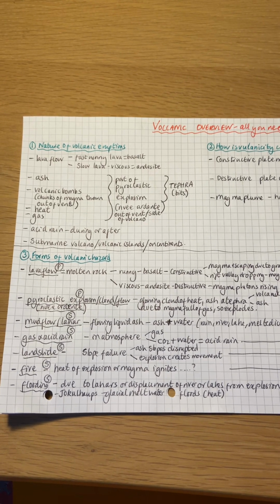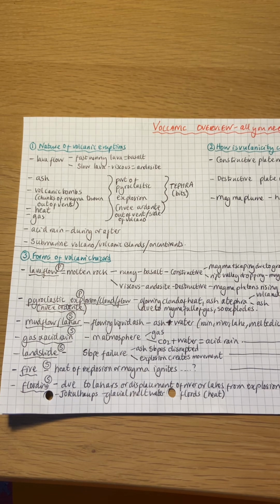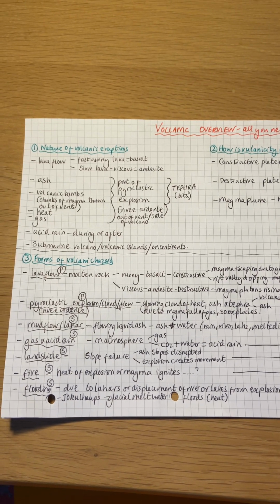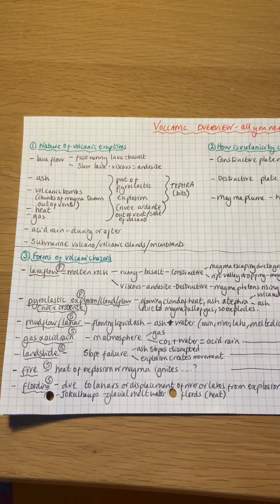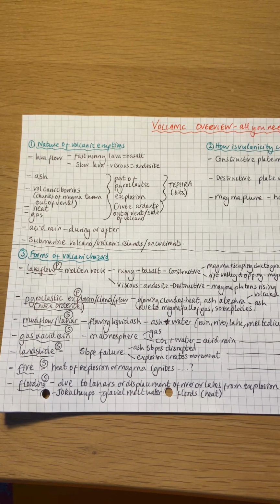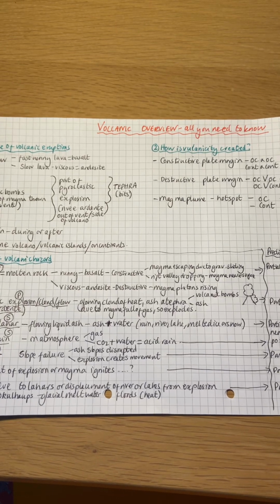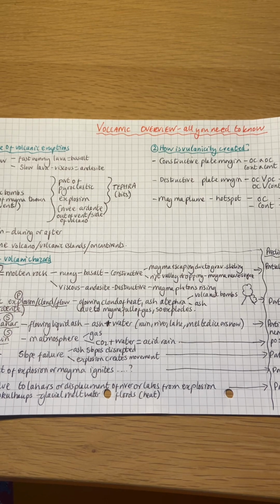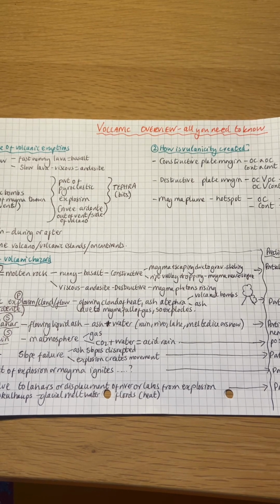So forms of hazard. First one, obviously lava flow. It's a primary hazard. Remember what that means. That's the first thing that pops out of the volcano. So obviously molten rock. Again, the two types. So runny, the basalt, tend to get that at a constructive plate boundary.